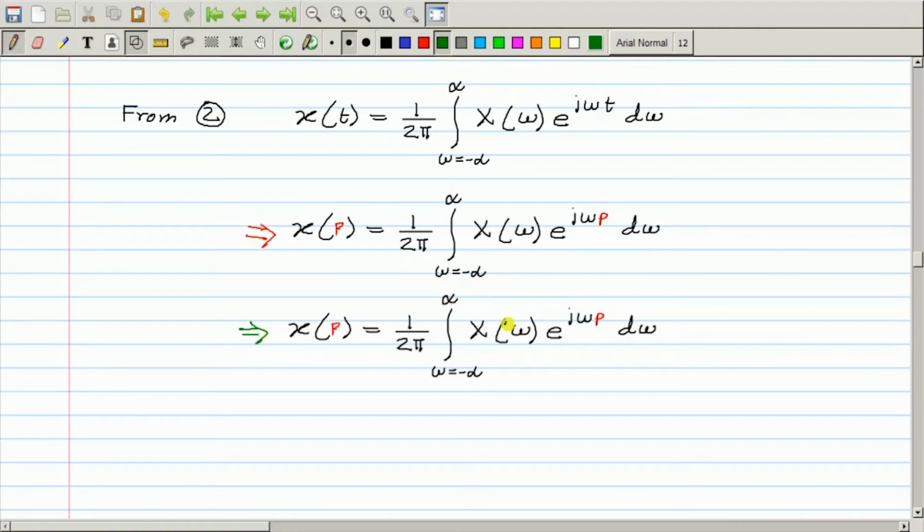And now I shall change the name of omega. Omega is a dummy variable which will disappear after this integration is over, so I can easily change it with a new variable. Let me call it t.